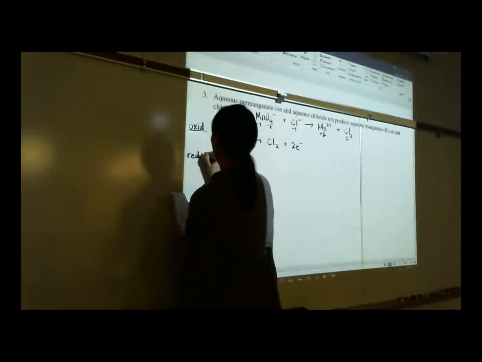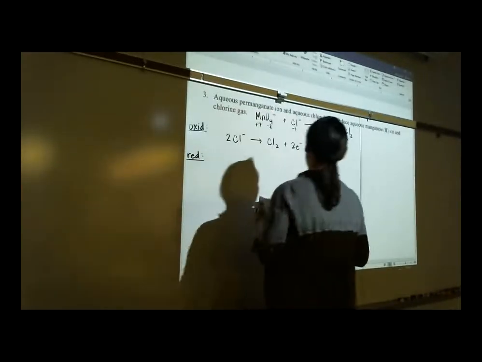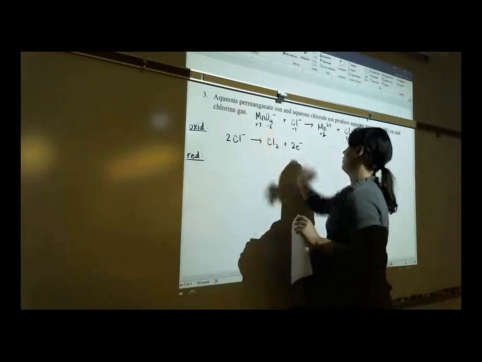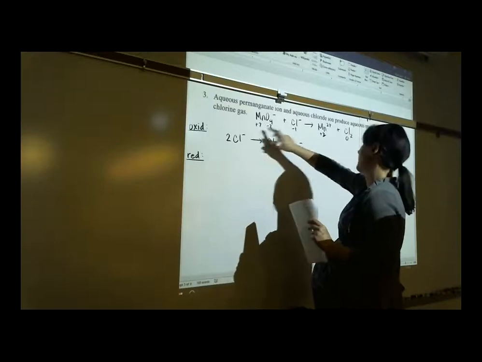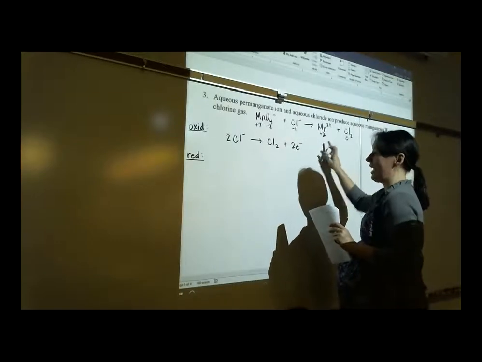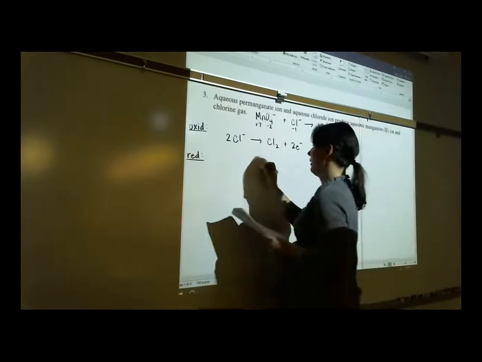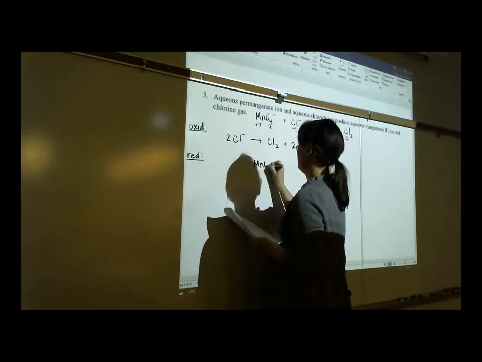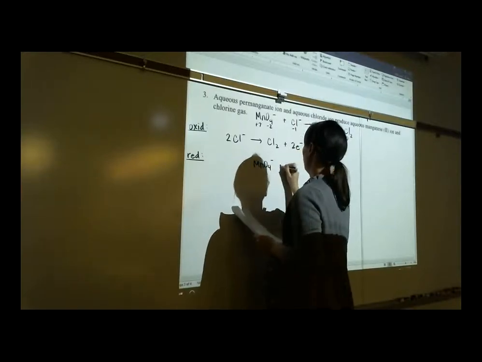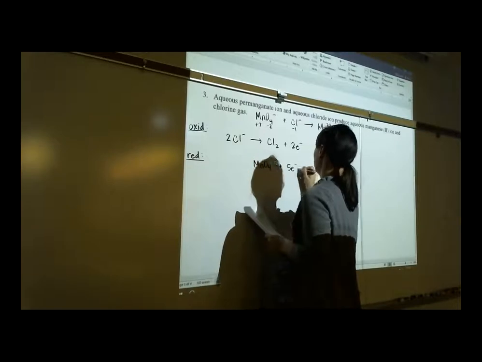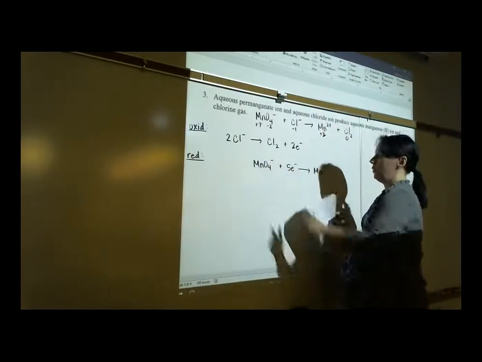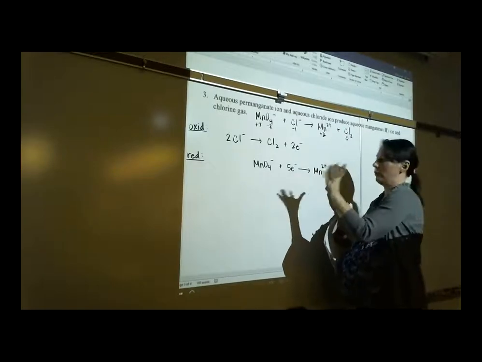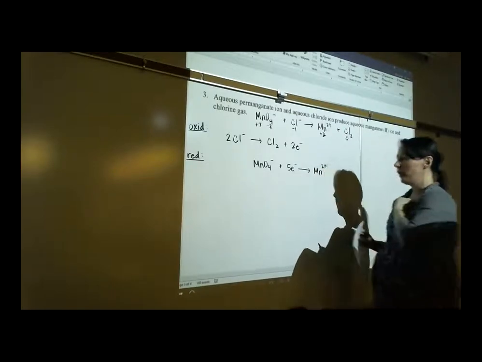Now let's do the reduction half reaction. And it's going to be a little more involved because I do have oxygen to look at, right? So manganese goes from +7 to +2, so that's a gain of 5 electrons. So MnO4 minus plus 5e minus produces Mn2 plus. 1 manganese, so I don't need to worry about changing that number of electrons.